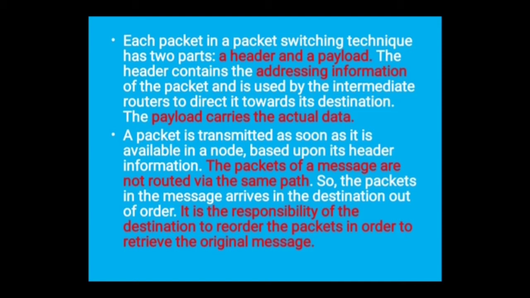The packets of the message are not routed via the same path. It is not mandatory that my packets will go in serial order. The fourth packet can reach at the first position, but it is the responsibility of the destination computer to rearrange all those packets.